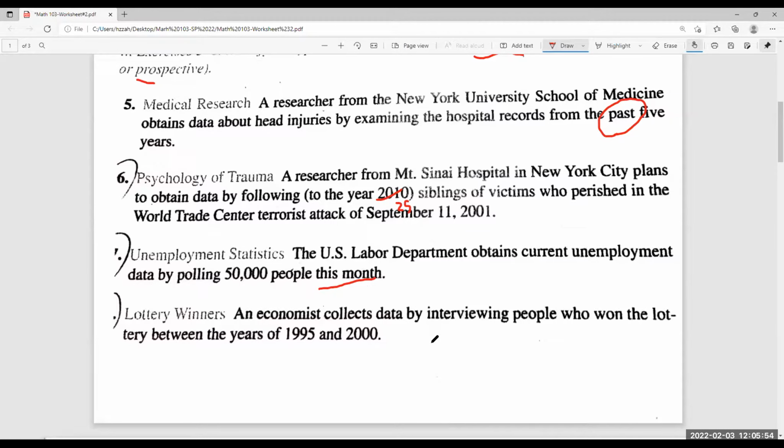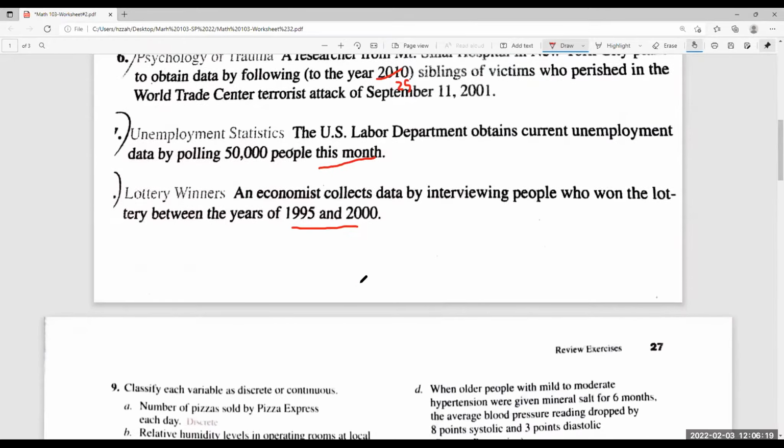An economist collects data by interviewing people who won the lottery between 1995 and 2000. Retrospective, because this is past time. So past time is retrospective, present time is cross-sectional, and future time is prospective. It's not bad to get these things. Any question?